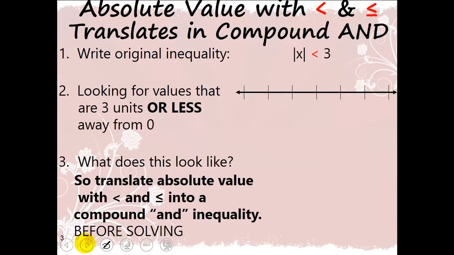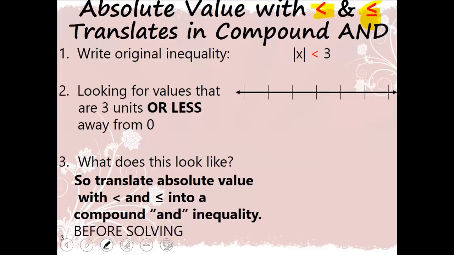All right, so absolute value that's combined with a less than, and a less than or equal to. So let's figure out how to take that and translate it into a compound and, or.